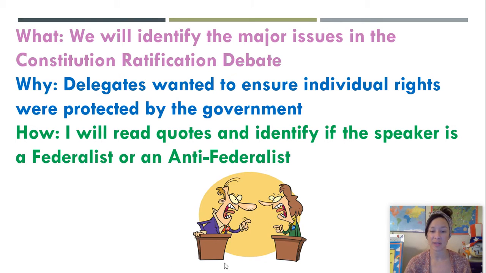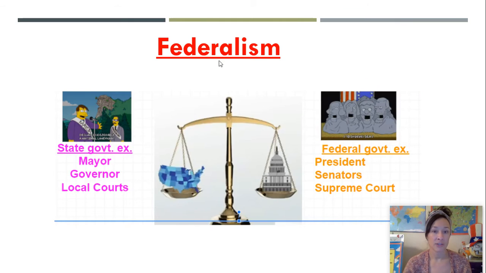So you can see that these two people are having quite an argument, which is a synonym for the word debate. This is a 2-year argument over the ratification or making official the Constitution. So we're going to go ahead and spiral back to this big idea of federalism, that balance of power between the states and federal government.